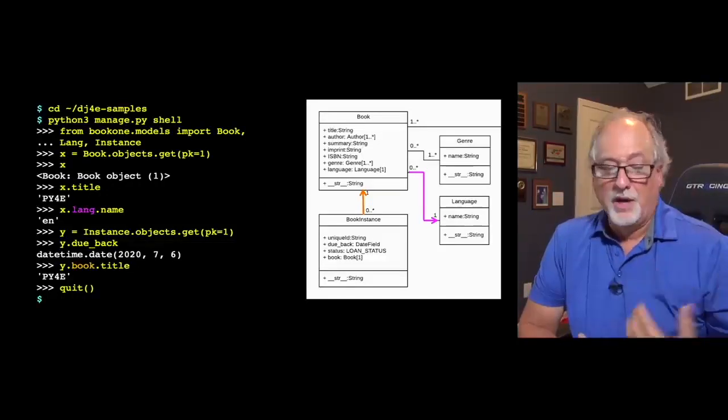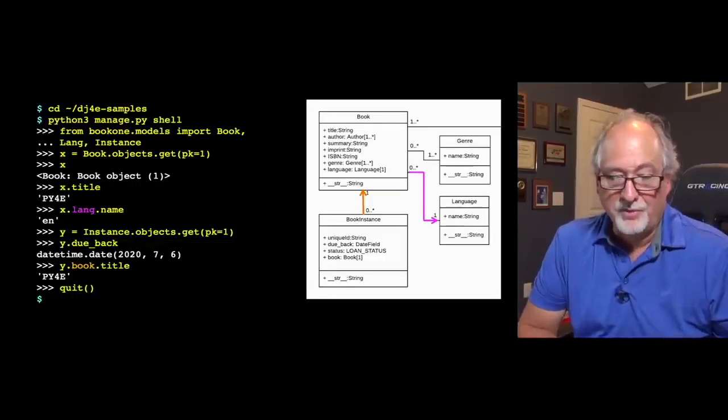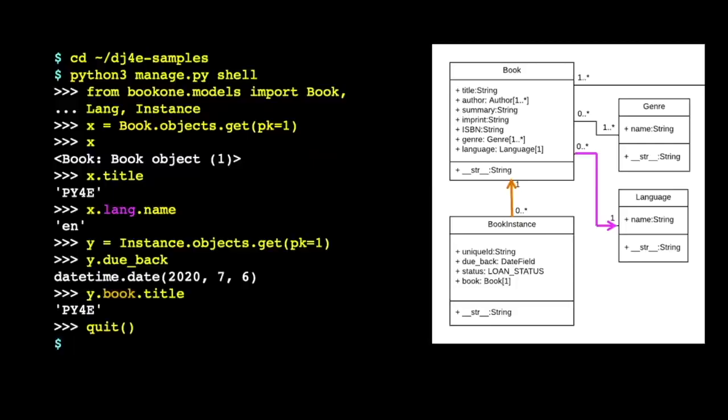So here we are again in samples, and we run the shell and we import our models, and we can say Book.objects, and Book is a class from our models. It's book1.models.Book. And then a lot of the methods that we talk to inside of these classes are under the attribute .objects, which you could think of as all of the rows in a sense, or all the objects in this model, all the rows in the table that lives there.